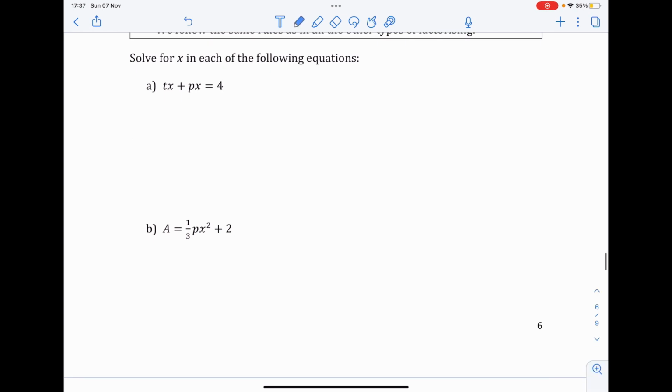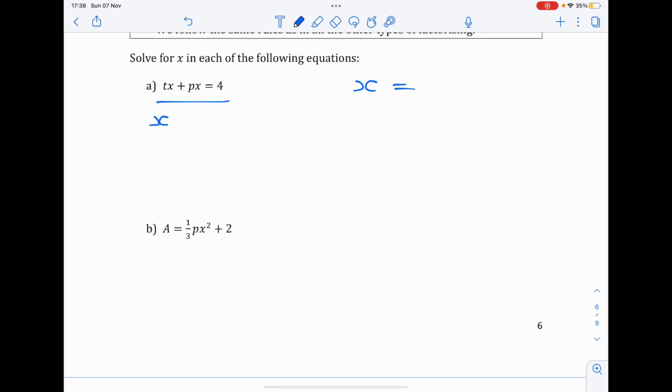Okay, so let's work through this question. Solve for x in each of the following. So the goal is to get x equals in all of these equations. In this first example, the way we can get x by itself is to first factorize a common factor of x.